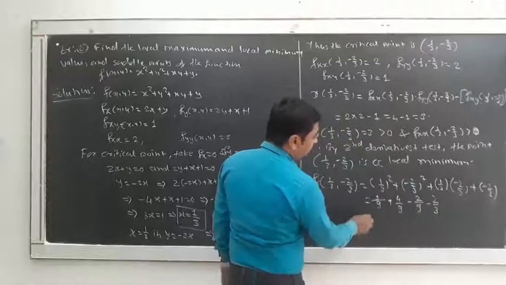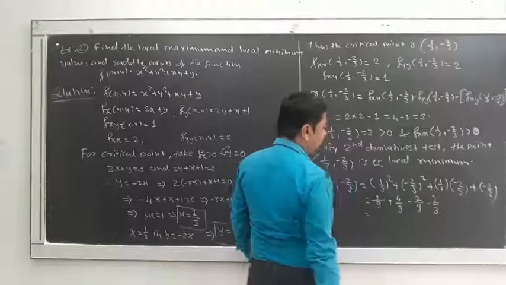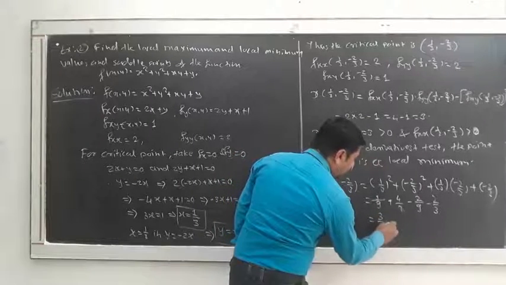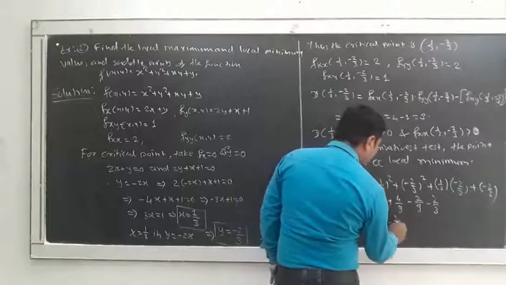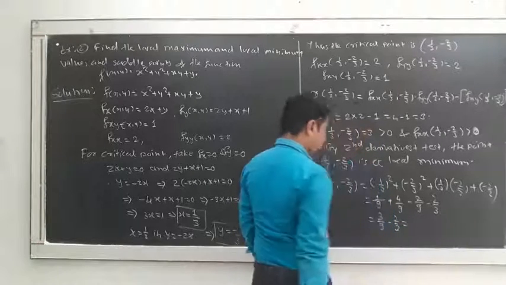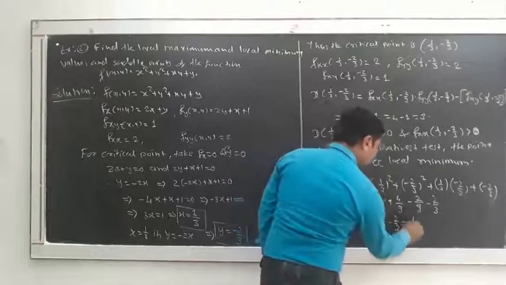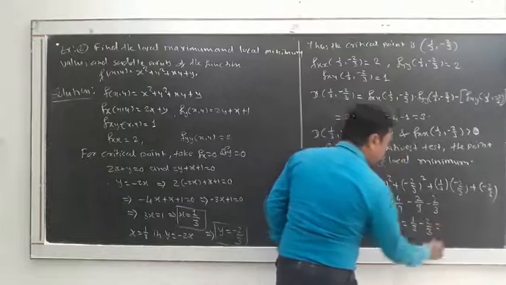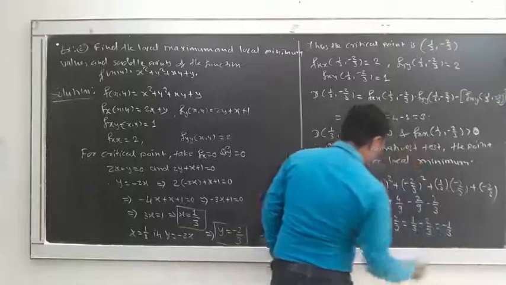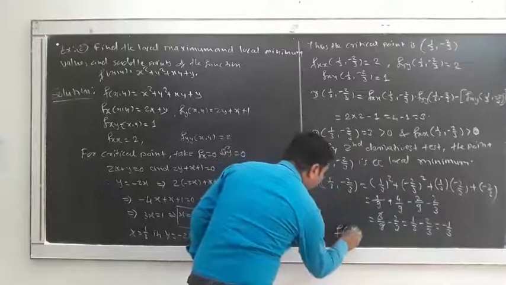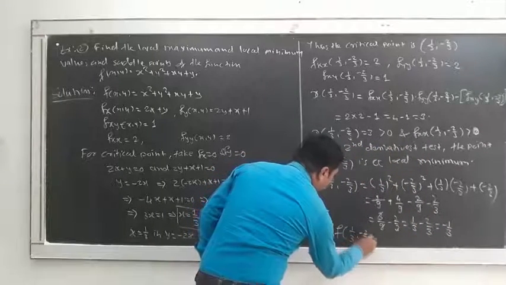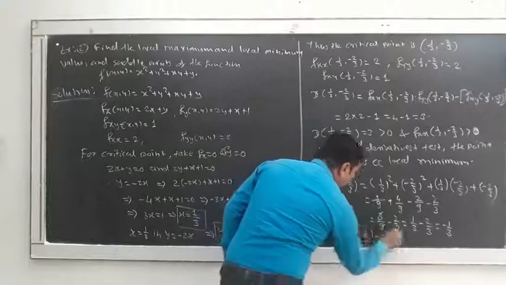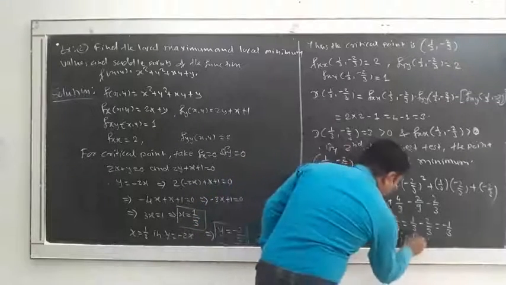Just do the calculation: 1 plus 4 is 5, minus 2 is 3 by 9, minus 2 by 3. That is 1 by 3 minus 2 by 3, which is minus 1 by 3. So f at 1 by 3, minus 2 by 3 is equal to minus 1 by 3.